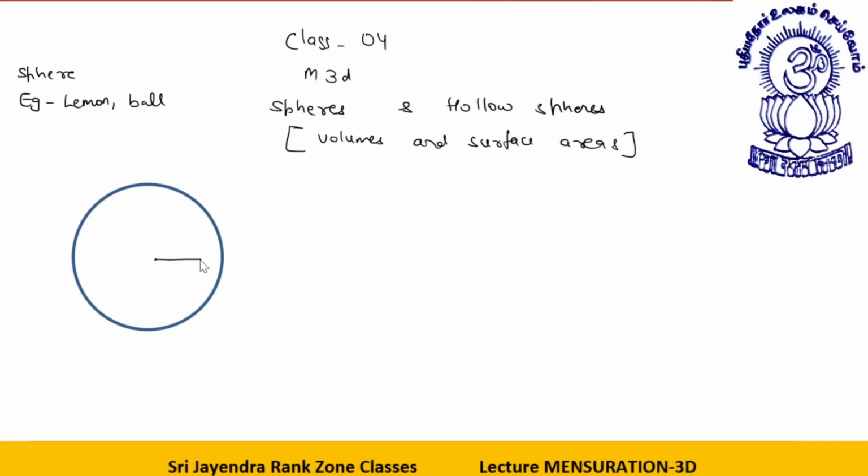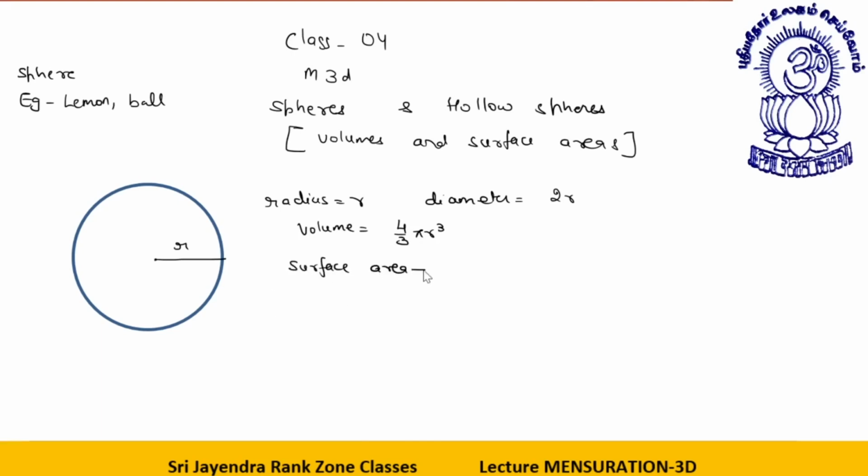Okay, let's say this is the radius of a sphere, r. So a sphere has a radius r, then it has a diameter. The diameter of the sphere is 2r. Volume of a sphere is 4 by 3 pi r cube.